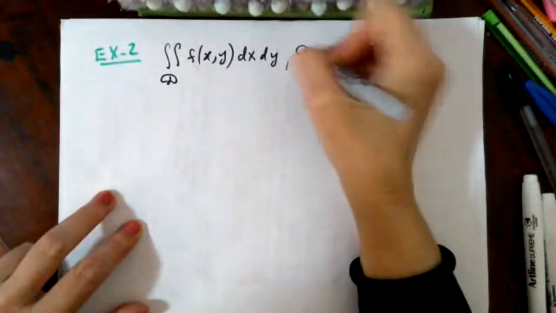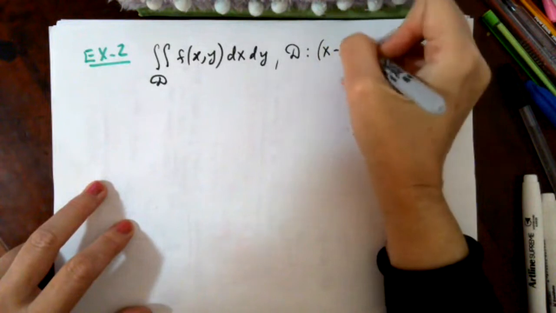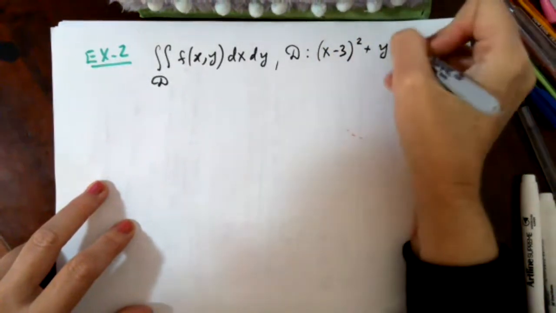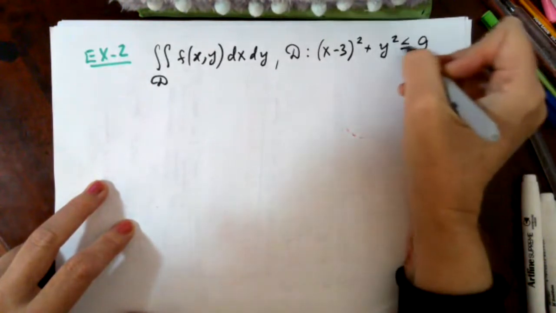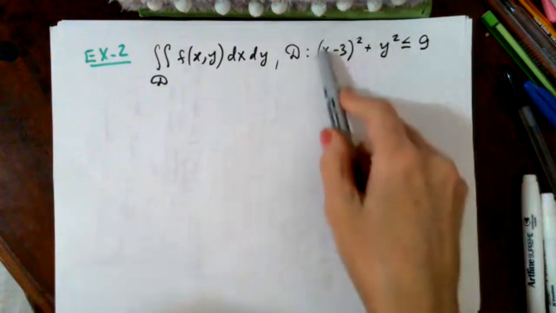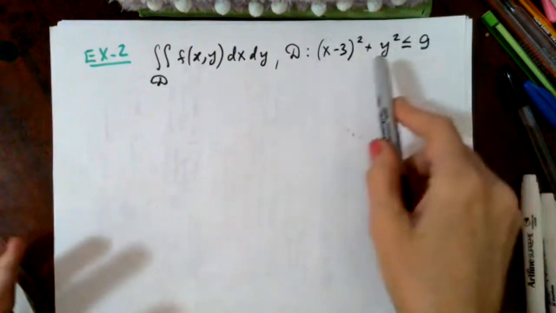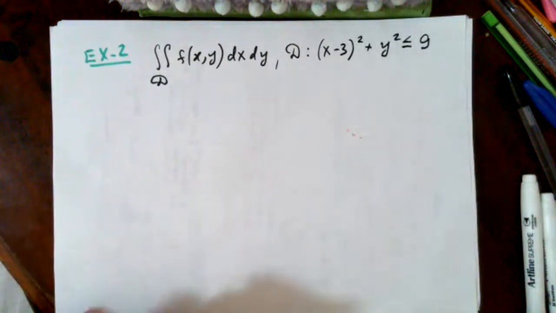Okay, this time region D is bounded by this circle, (x − 3)² + y² = 9. Actually, the region could be written in the form of an inequality. It means that you sketch the region inside this circle. Sometimes regions can be given in the form of an inequality.